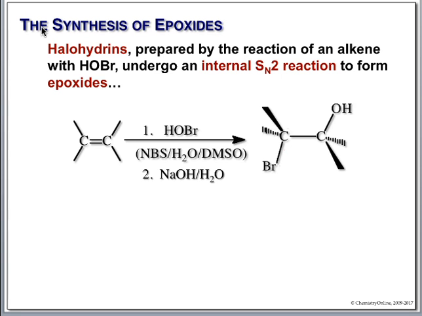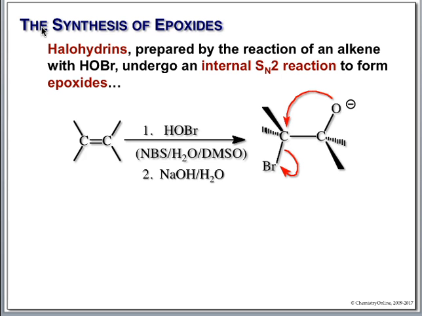Now, if you take this stuff and you treat it with base, you can get an internal SN2 reaction to occur. We're going to make the oxyanion here. Our stereochemistry is trans. The oxyanion is going to attack, and the bromine is going to leave, all in the same molecule. There's our oxyanion.